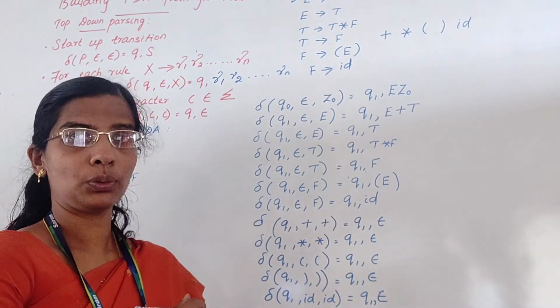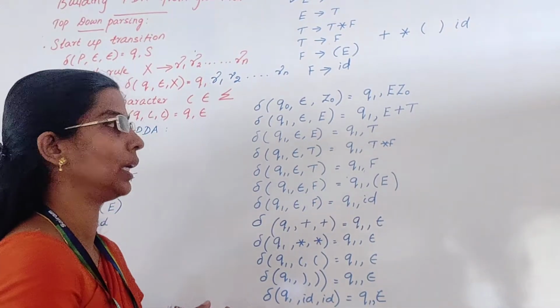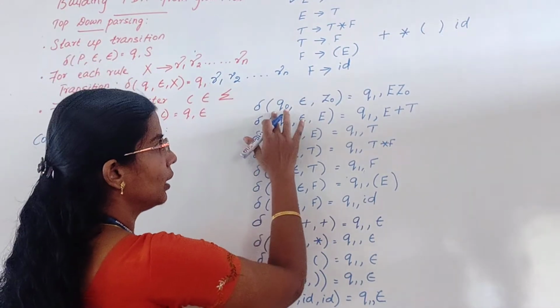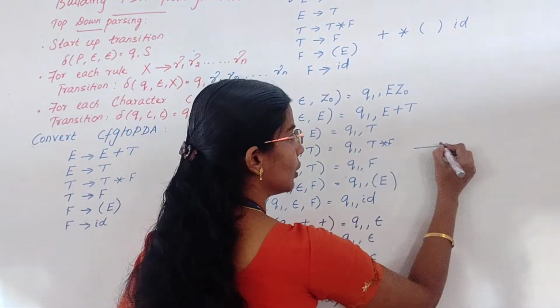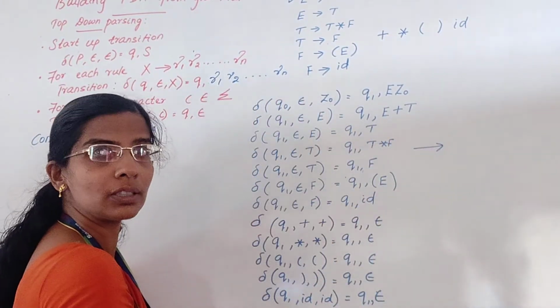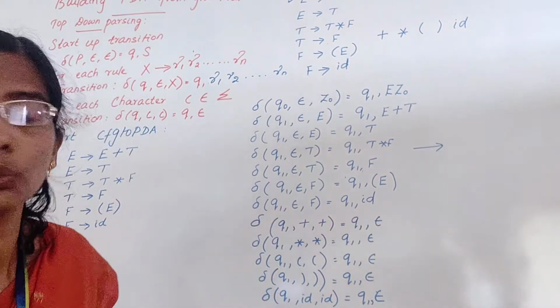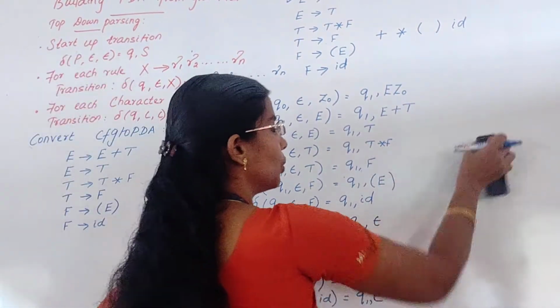Next I have to draw my PDA. Here there is a state change. You can check the complete transitions. I have only 2 states, Q0 and Q1.